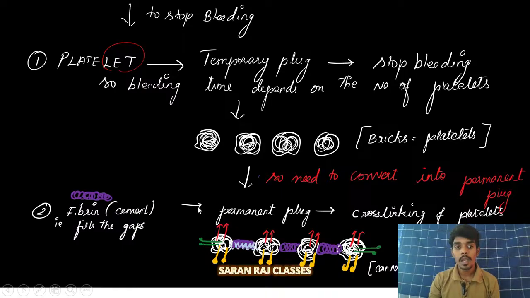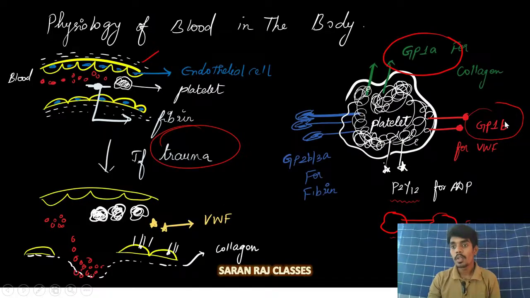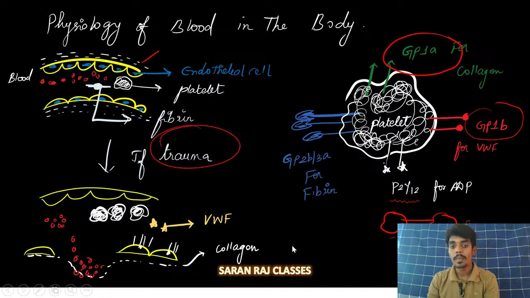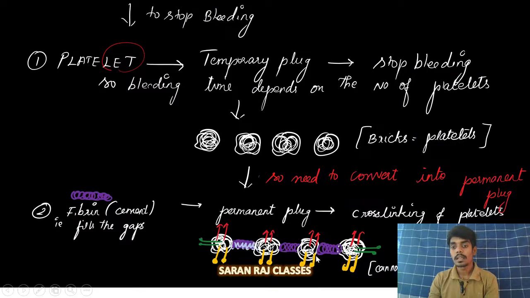As I already said, the platelet has the receptor known as GP2B3A for the attachment with the fibrin molecules. You are seeing this fibrin molecule which is attached to the particular receptor of the platelet, such as GP2B3A. This cannot rupture easily.